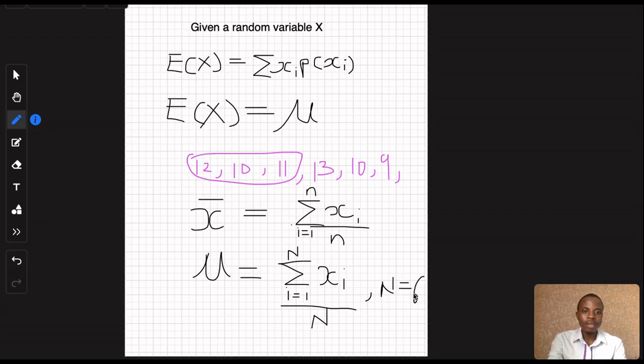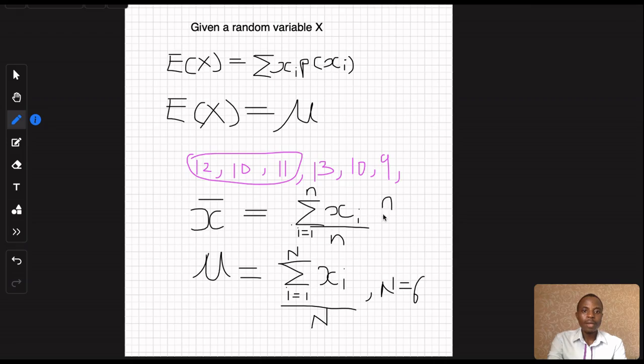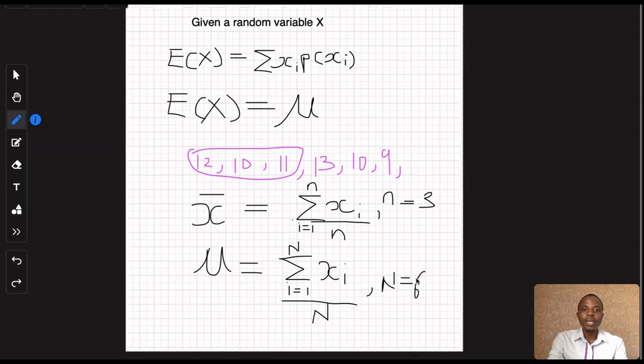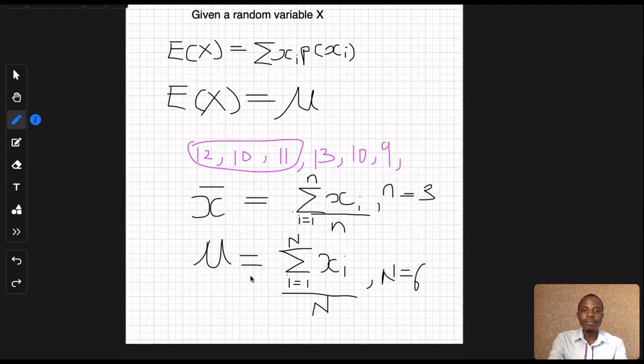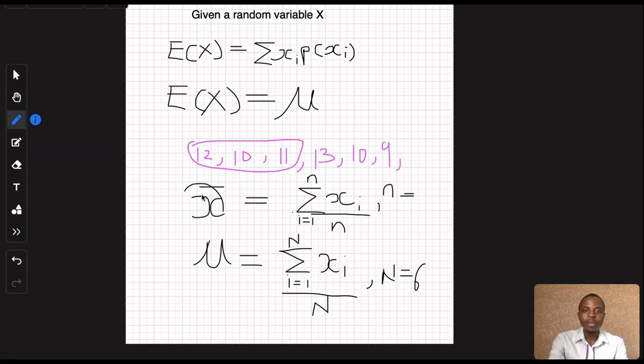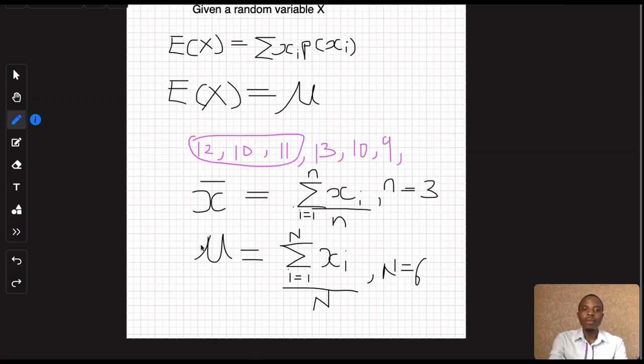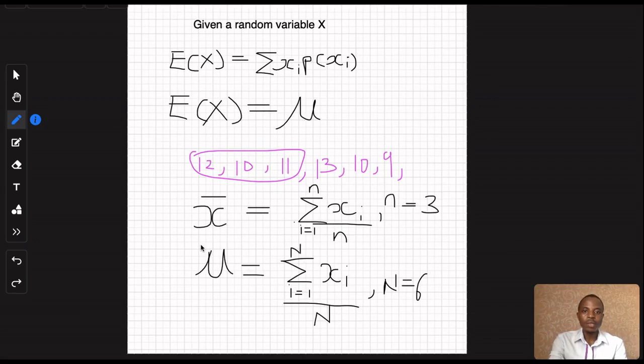It's taking 6 values. But here, our small n is equal to 3 because we're only taking 3 values in the sample. So we are saying that if you find this and you find this, in the long run, what you have here should be very close to what you have here. If you take a sufficient sample, you should get something close, so your estimate is correct.